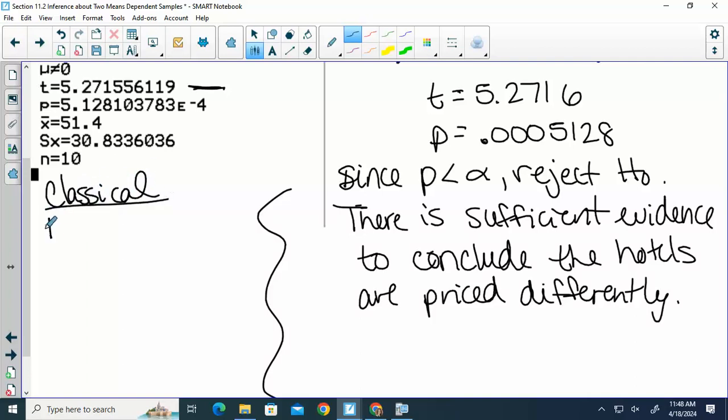How many degrees of freedom do we have here? 9, because it's always n minus 1. The T alpha, we'd have to be a little bit careful because our alpha is 0.05, but I'm doing a two-tailed test, so we'd have to divide that in 2. So remember, when you do two-tailed, that's a plus or minus on this.